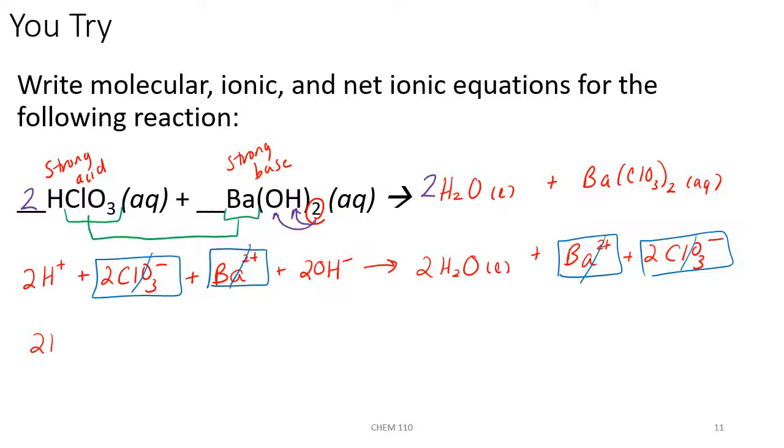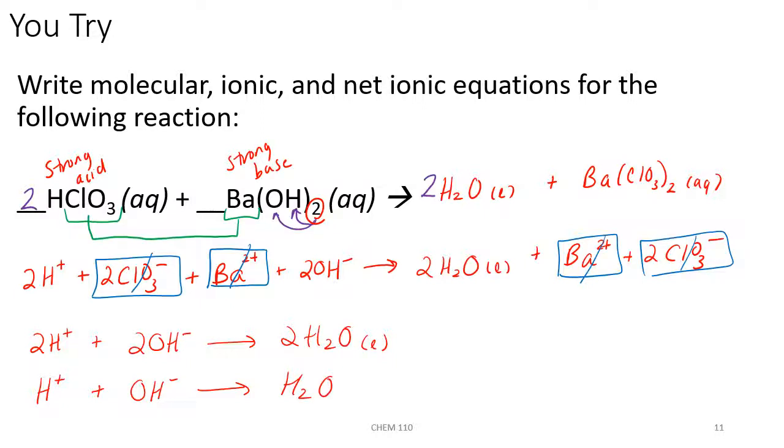Our net ionic equation now is going to be 2H+ plus 2OH-, giving us 2H2O. And if you want to reduce that down even further to simplify, you could write H+ plus OH-, giving us H2O. So either one of these would represent our net ionic equation. And that's what we would have expected because we had a strong acid, strong base neutralization.